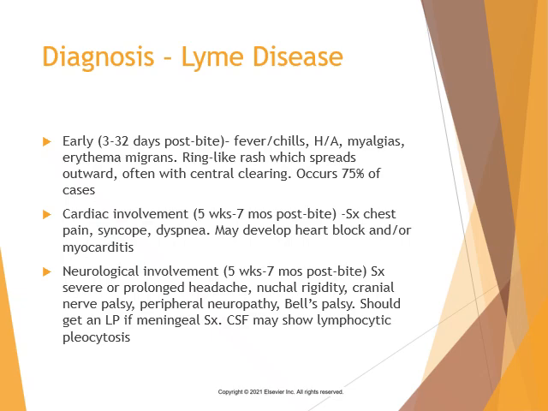Bullseye doesn't occur in even 50% of the people. So although that's a classic symptom or sign, not a lot of people have it. Your book says 75% of cases. It's actually a little less than that. Okay, for presentation, closer to 50.